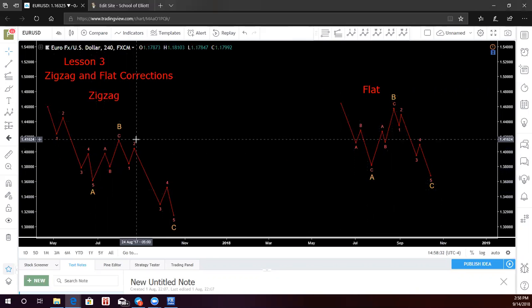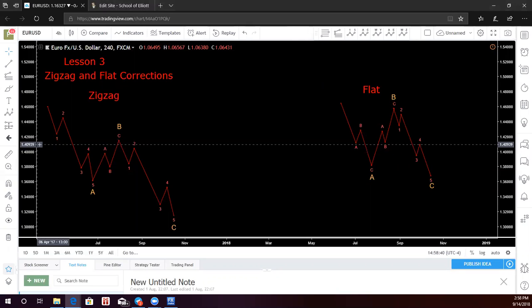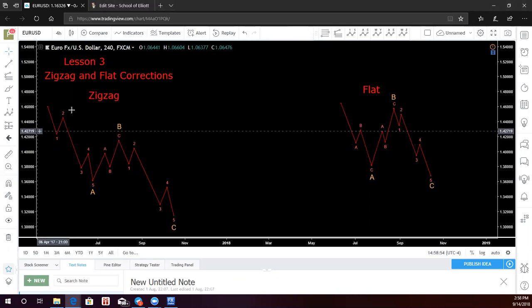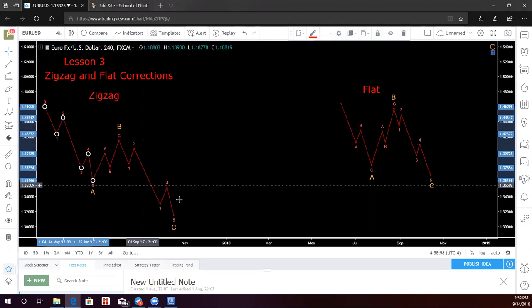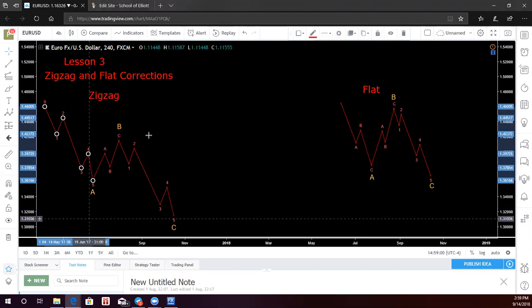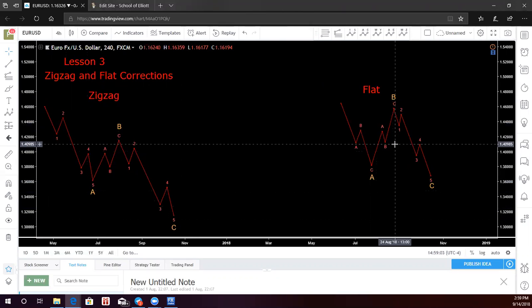So other key components when you're looking at both a zigzag and a flat: again, both of them are going to be 3-wave corrective structures. They're both labeled ABC. A zigzag is going to be more so of a sharp movement, and this here you can't tell because they're relatively the same size.